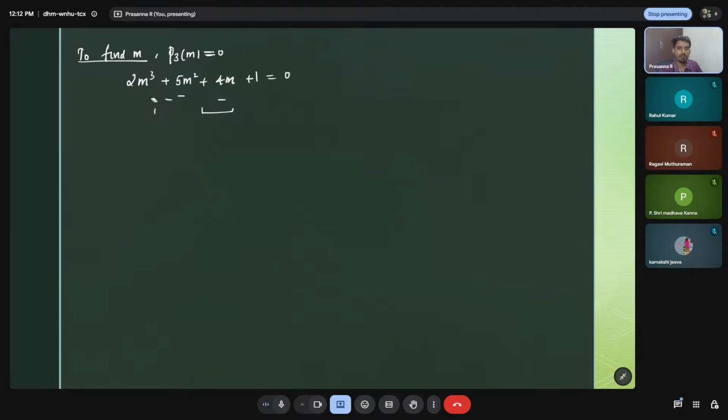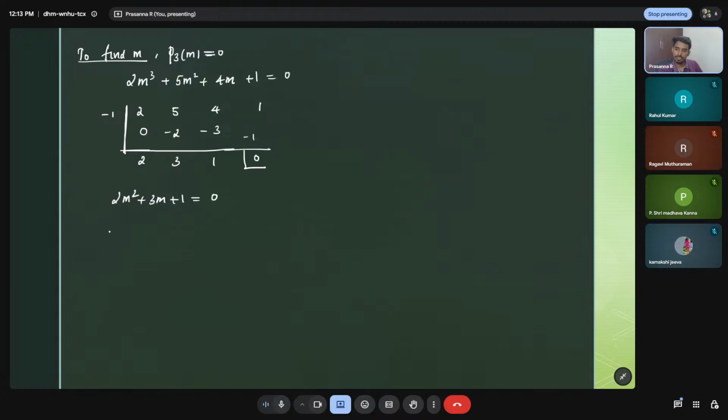So one root you have to find by trial and error method, synthetic division. So maximum 1 or minus 1 or 2 or minus 2 will be a root. So minus 1 is one root. So 2, 5, 4, 1, 0, minus 2, 3, 1. The other two roots are given by 2m square plus 3m plus 1 is equal to 0.